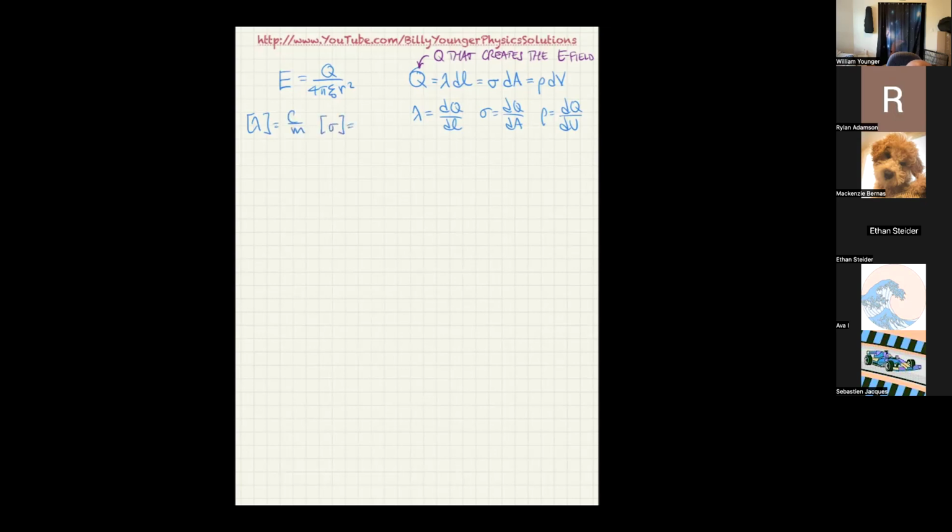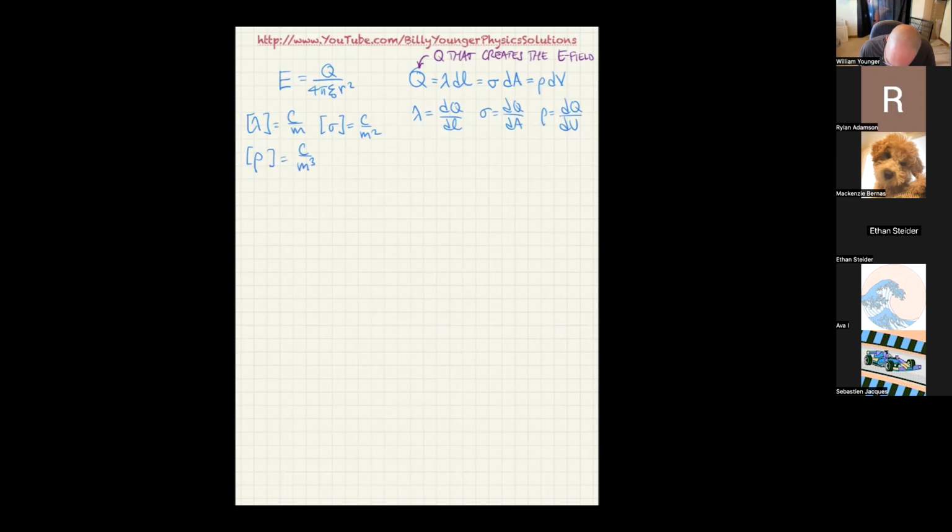Sigma has units of coulombs per square meter. And rho has units of coulombs per meter cubed. Okay. So that's the critical thing that we have to know: we have to be able to put together a bunch of little infinitesimal charges dq to make a charge q.